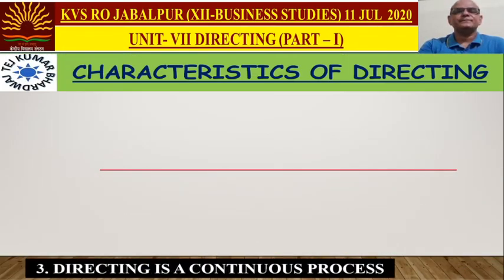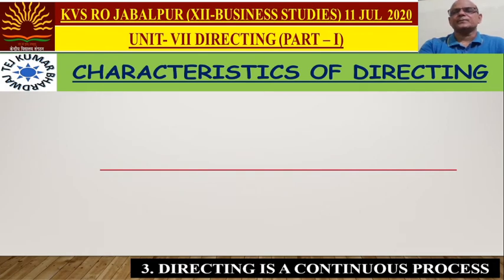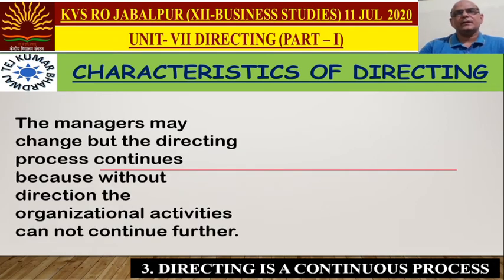Next is, it is a continuous process. Directing is a continuous process. You must have seen the orchestra. In that there is a person having two sticks in hand and he is directing the entire orchestra team. People are playing different kinds of musical instruments, and there is a person who is giving direction to the orchestra team. Have you seen, until the song is finished, that person keeps on moving his sticks?